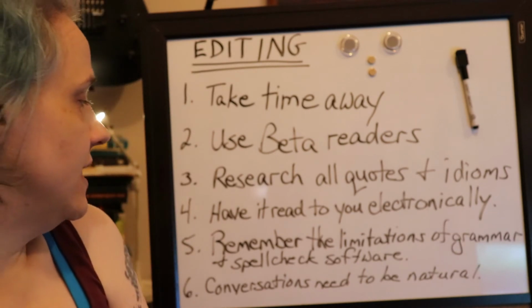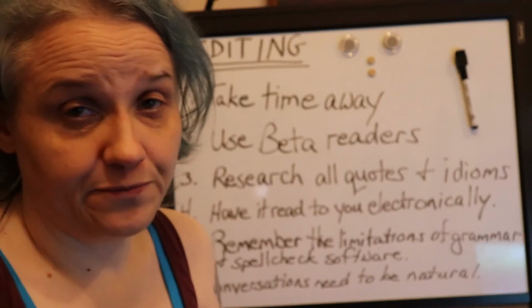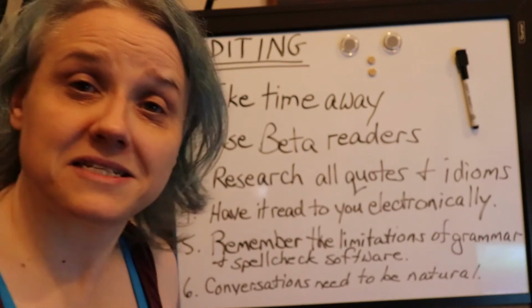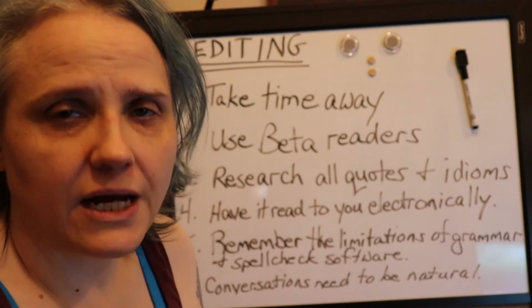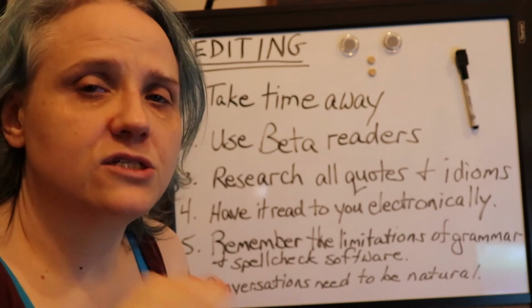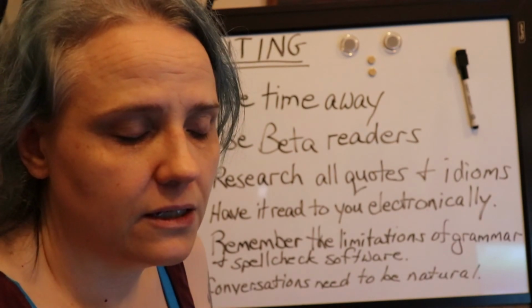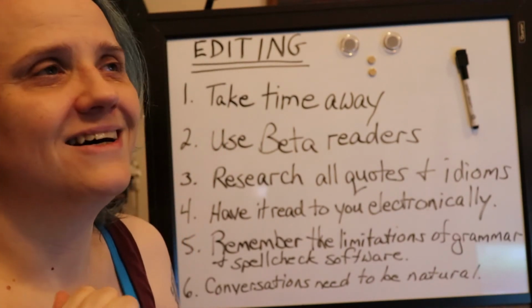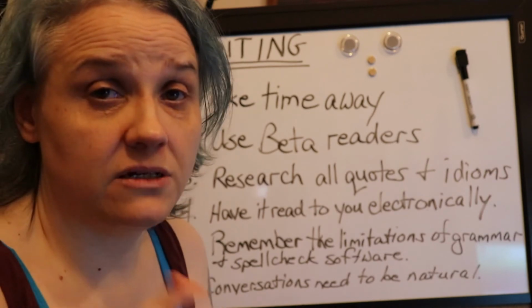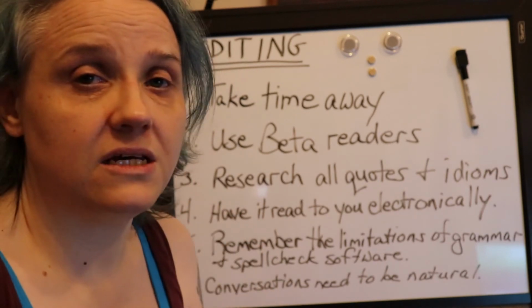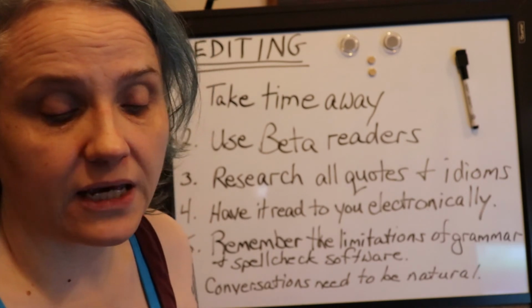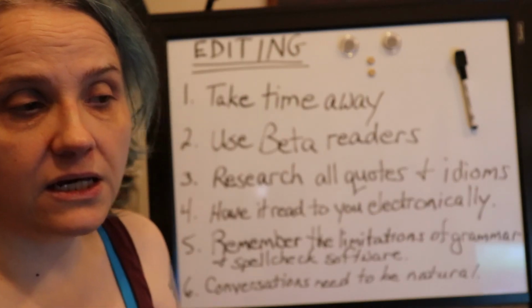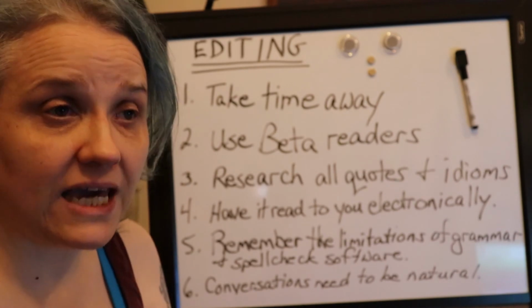All right, now, number 5, and this is kind of going against technology. Remember the limitations of grammar and spell check software, okay? Because I can't tell you the number of times I've caught mistakes made by the various programs. And if they're making mistakes, you can't rely on them.